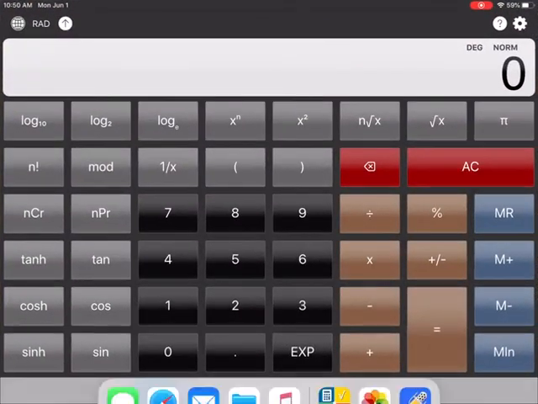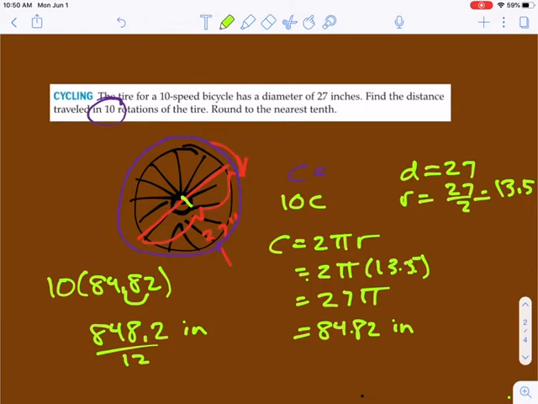And then you do 70 times 12, so that would be 840, and then you'd have 8.2 inches left over. So 70 feet, 8.2 inches.